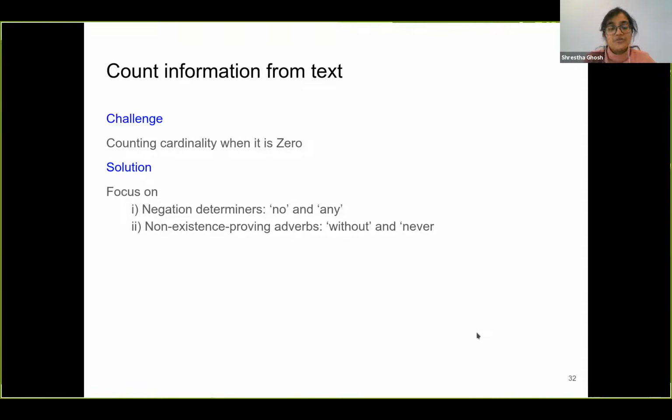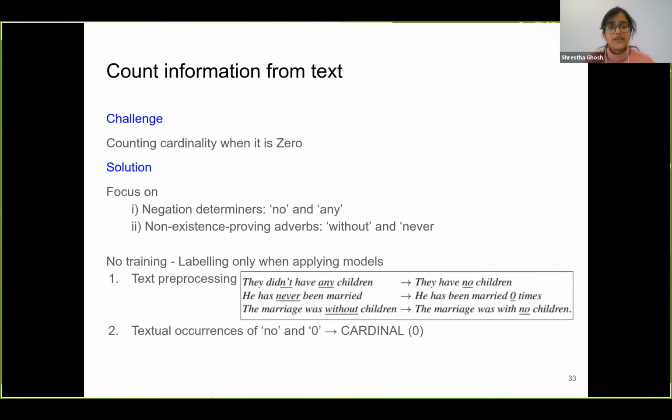Or you also look into non-existence proving adverbs like without or never. Somebody never visited a particular country. And this is done only during the text preprocessing stage, where you look for cues in the text and then label it in fixed vocabularies like no and 0, and then use it in the final prediction task.